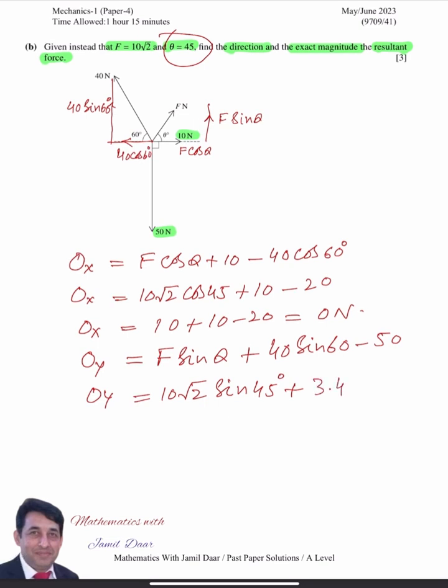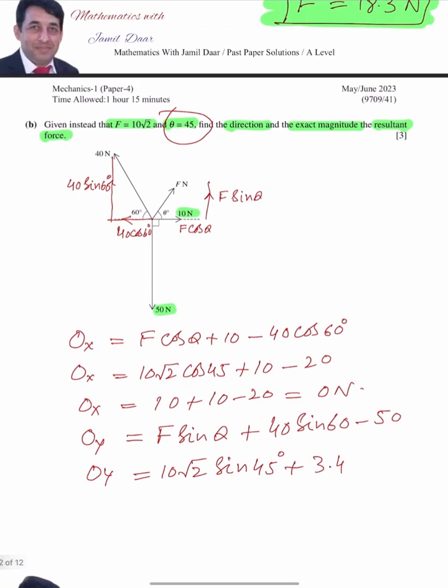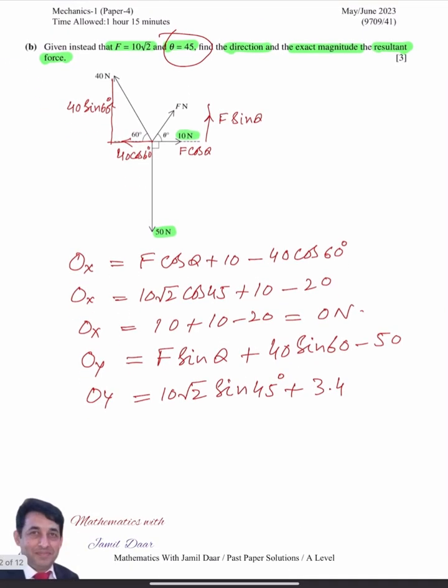No, I'm not going to find the exact value. It's not working. 3.464... Let me confirm it again. 40 multiplied by sine 60 equals 34.64. So 34.64.